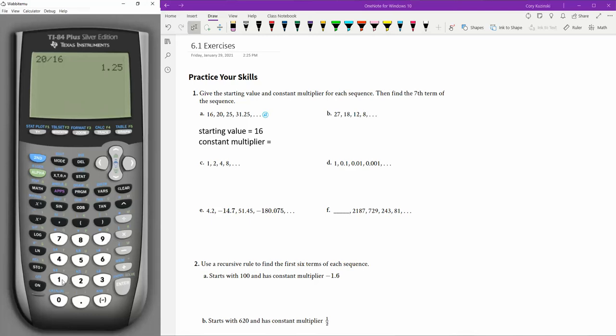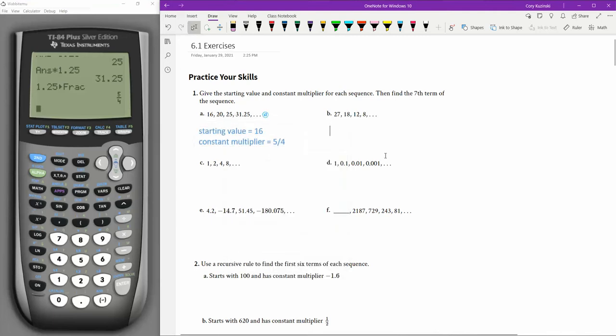So in other words, 16 times 1.25 is 20, and 20 times 1.25 is 25, and then there's the 31.25. So 1.25, or we could write it as a fraction, 5/4, either one of those. That's our constant multiplier.